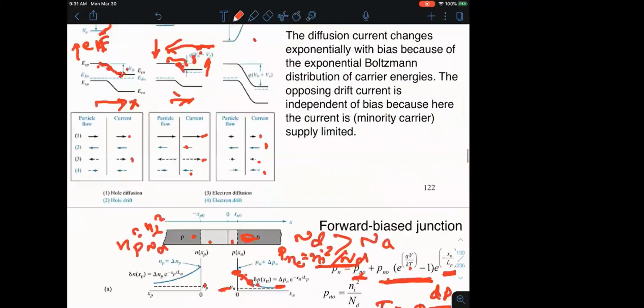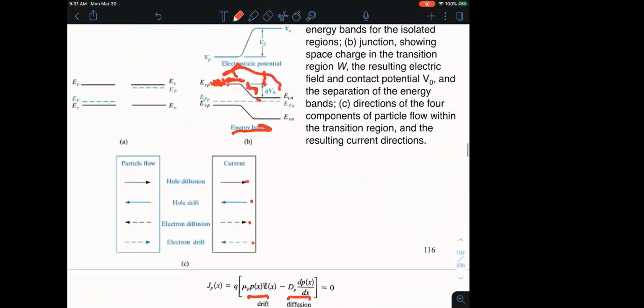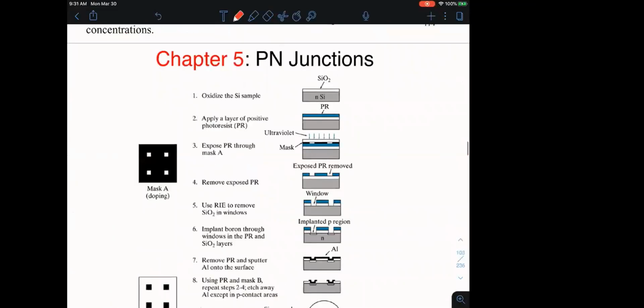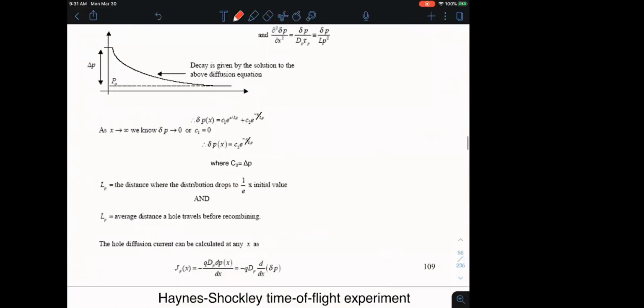Now, let me go back a few slides to what we discussed before spring break. At the end of chapter 4, we had worked out an example discussing this.